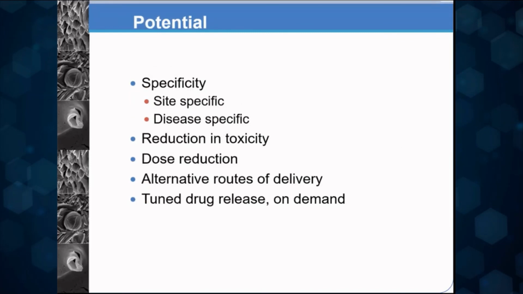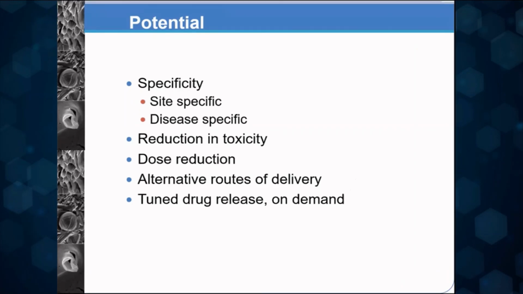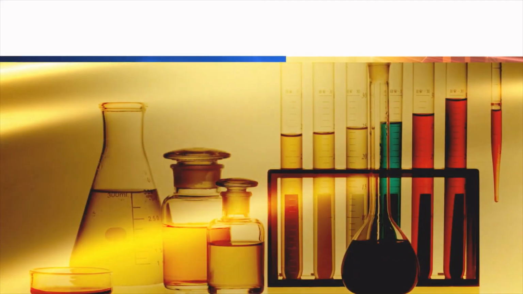If we keep these in mind, there's a lot of potential. We can exploit specificity, both site specific as well as disease specific, can cause reductions in toxicity and doses, and explore alternate routes of delivery and concepts of on-demand release. Thank you.